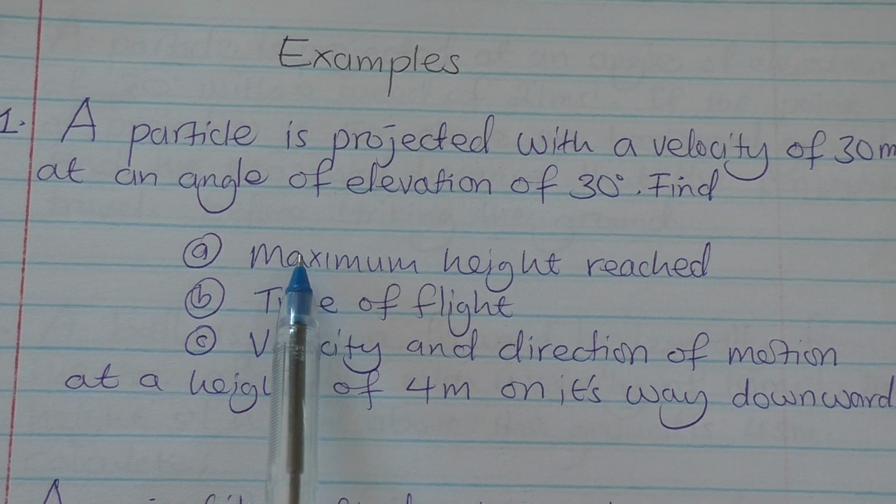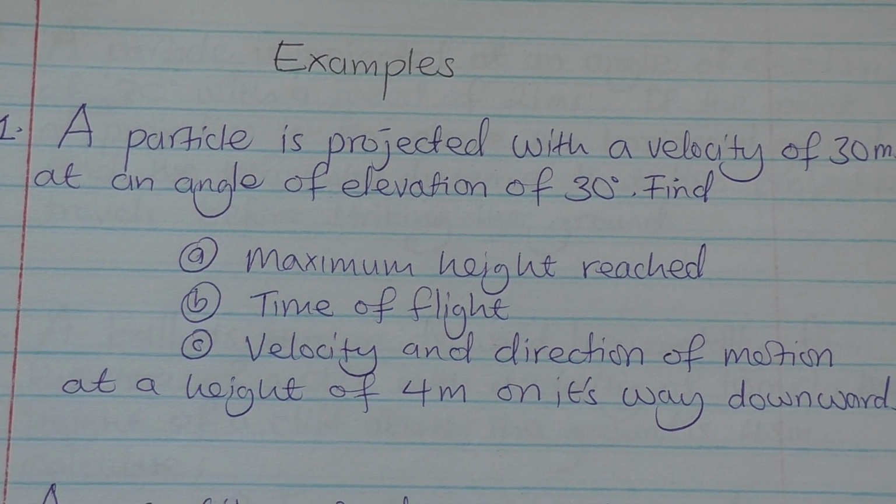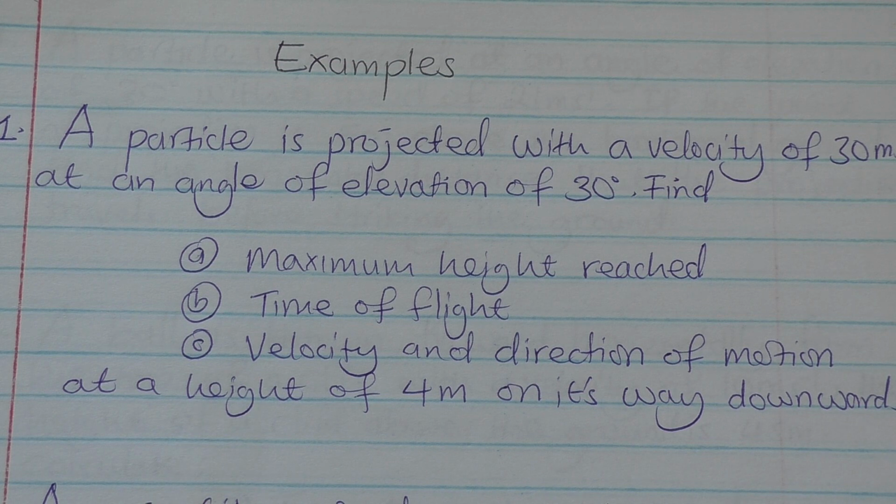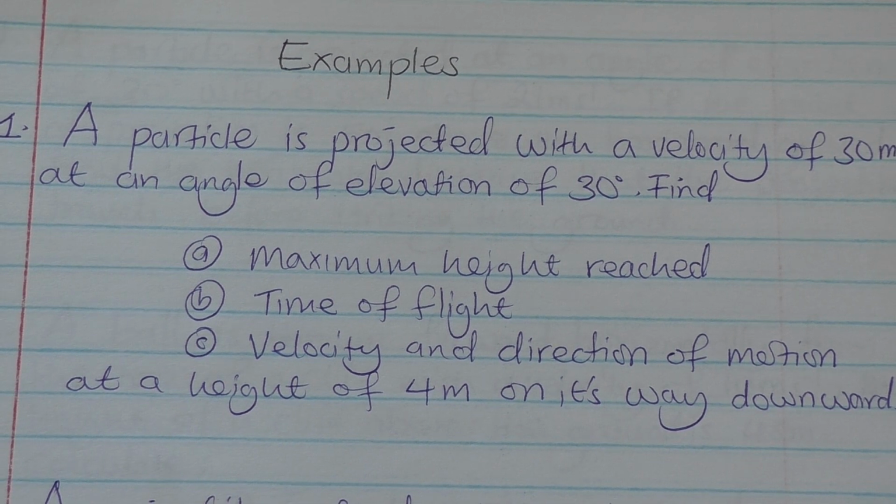So you must first of all learn how to derive all those formulas, from velocity to time of flight, time to reach maximum height, how we get maximum height, how we get range, how we get maximum range, and the equation of a trajectory. Once you know that, you can do any number from projectile.